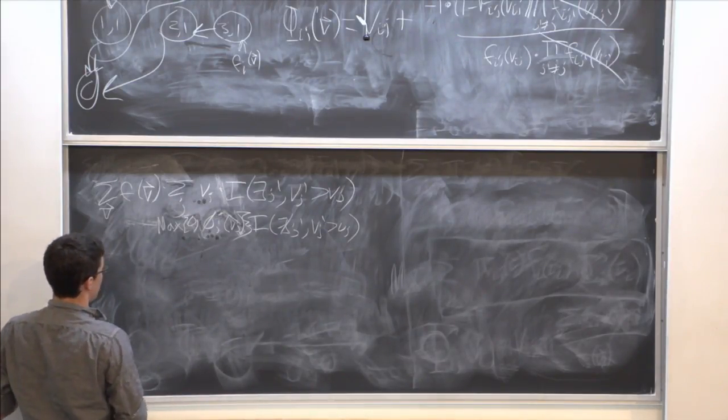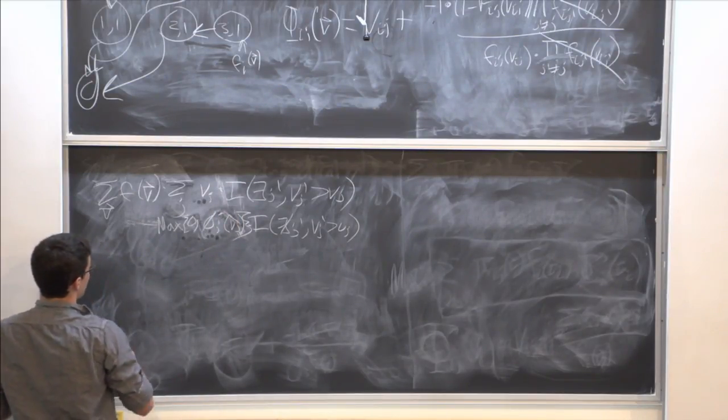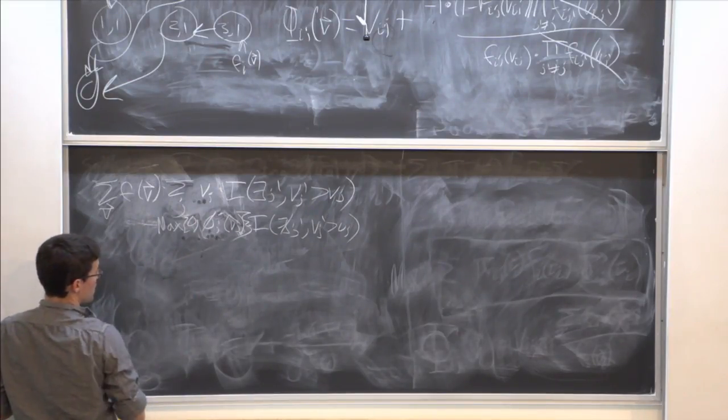So now I want to do the following. I just want to decompose this and target the two terms separately. So let's look at this one first. This one is really easy.